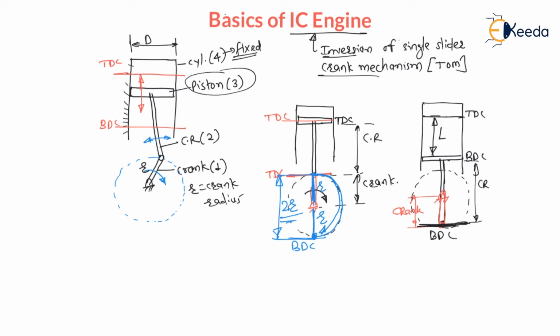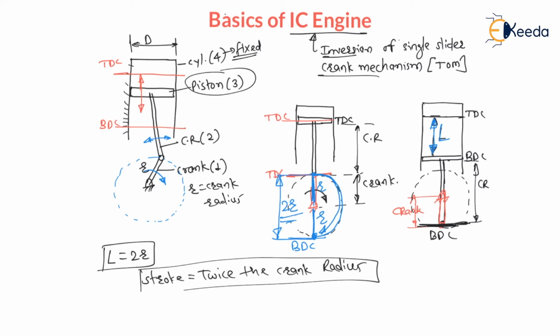Then the displacement of the piston will be the stroke. Therefore simply we can say the stroke is equal to 2r, that is, stroke length is nothing but twice the crank radius. This concept is very important while solving numericals, right? Stroke length is equal to 2r.